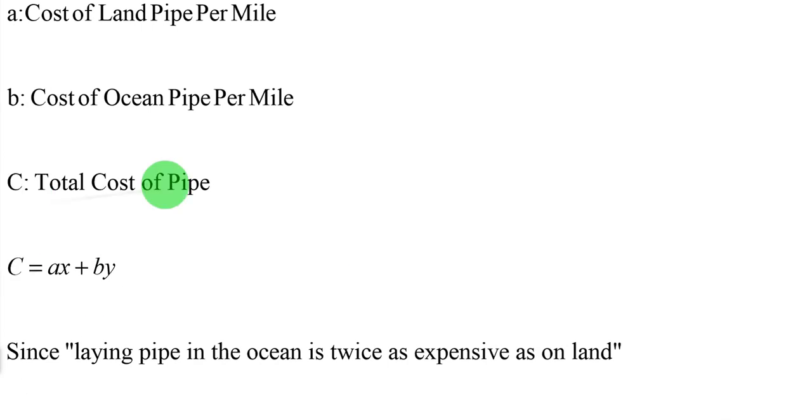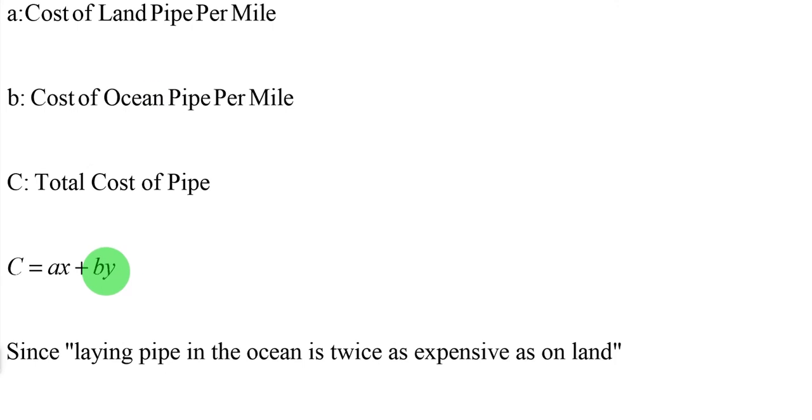C, which is total cost, is AX plus BY, where A is the cost of land pipe per mile and B is the cost of ocean pipe per mile. For example, let's say you have a mile's worth of land pipe, which would be X, and land pipe is $1,000 per mile. Well, this would be 1,000 times 1, which is $1,000, plus, in this case, B would be 2,000 times the amount of pipe in the ocean.